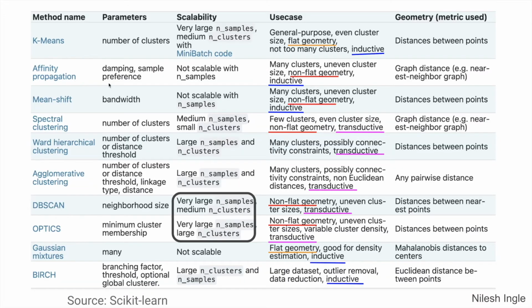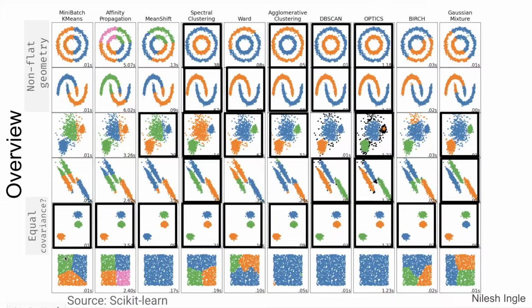The table that's given in the docs is a really nice comparison which tells when to use which particular method. For flat geometries, we have k-means right here and Gaussian mixtures, so that would be the first and last.